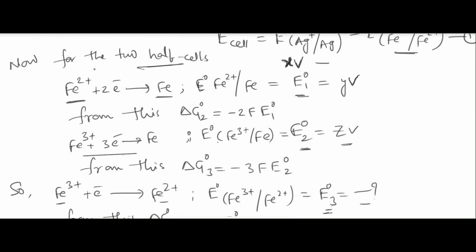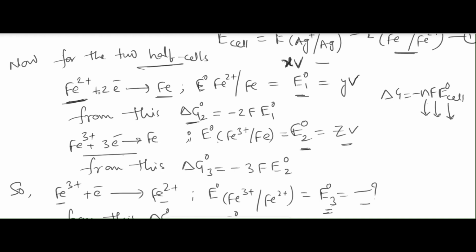We know that Gibbs energy is an extensive property, so we calculate delta G for these equations. The formula is delta G equals minus nF E naught cell.